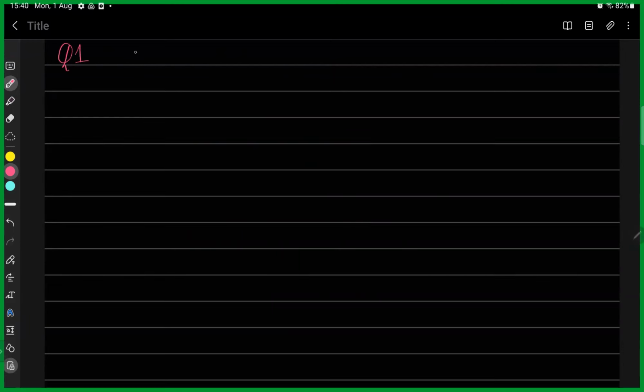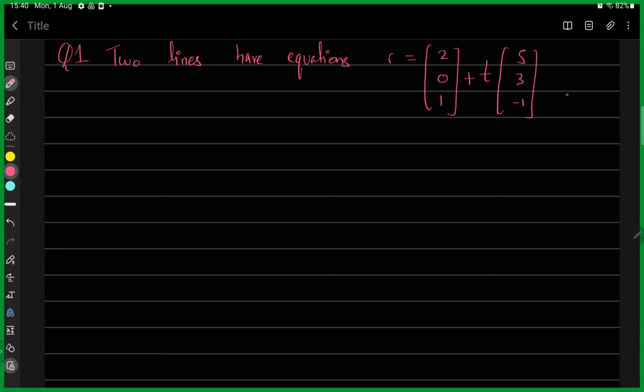Question number 1. It says two lines have equations r equals (2, 0, 1) plus t into (5, 3, minus 1), and r equals (6, 7, minus 1) plus mu (1, minus 5, minus 3).